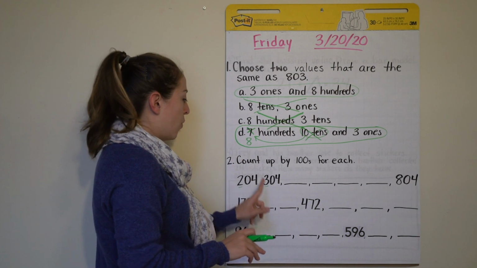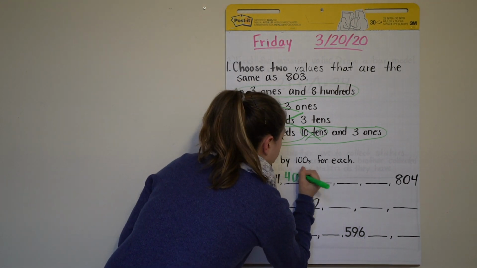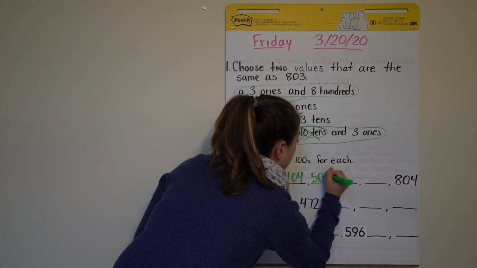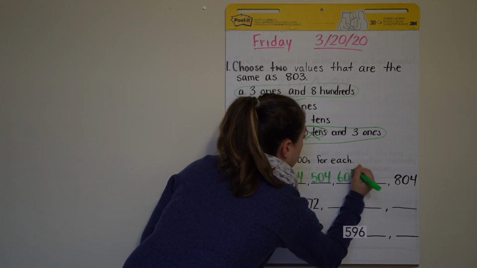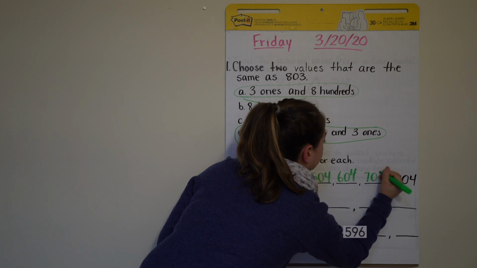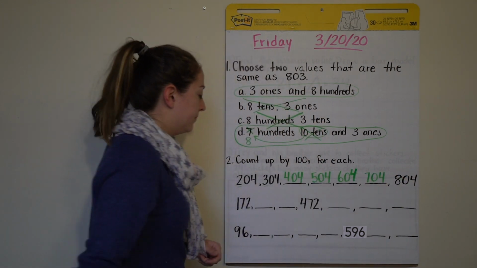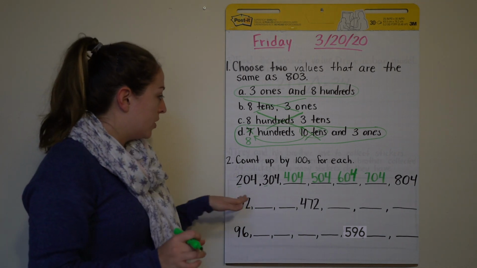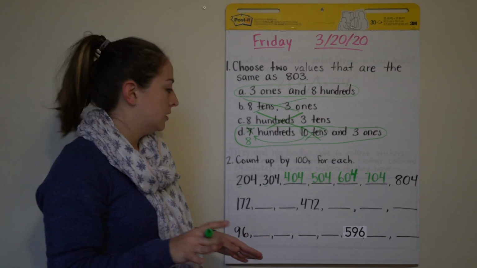So 204, 304, 404, 504, 604, and 704. Almost made a little mistake right here. Okay. Let's go on to the next part. Make sure that you have these same numbers before I move on.